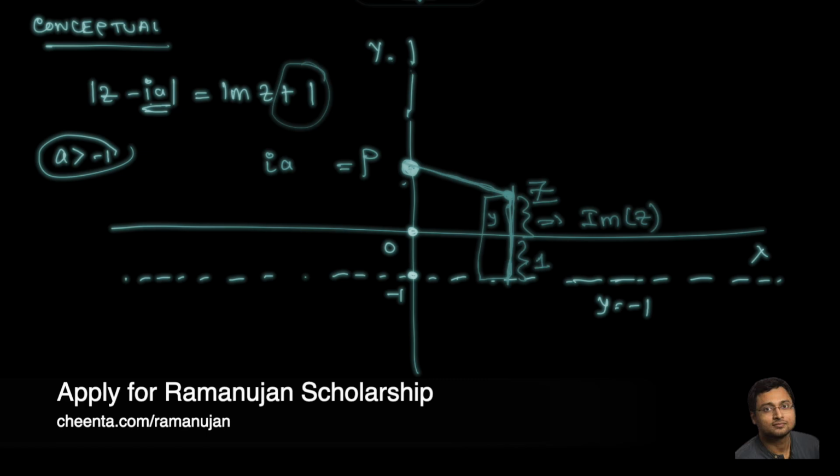So we have a very beautiful explanation now: we have a complex number z whose distance from P is equal to the distance from this particular line. So what is the locus of all such points whose distance from a fixed point is equal to the distance from a line?